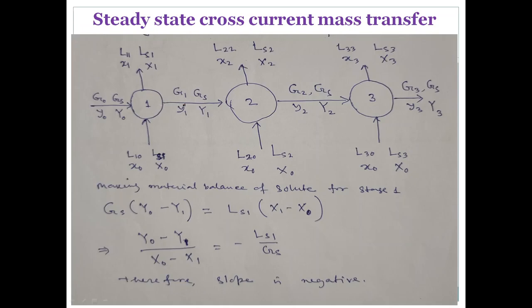Now whatever remaining petrol is coming from this number 1 unit has inert flow rate GS, but the flow rate will be like this, G1 and Y1 and capital Y1.